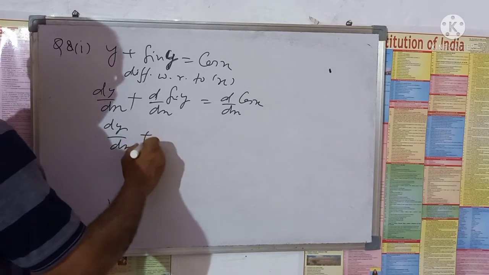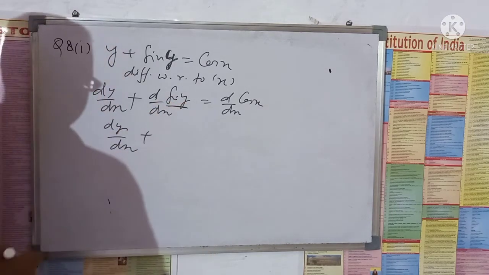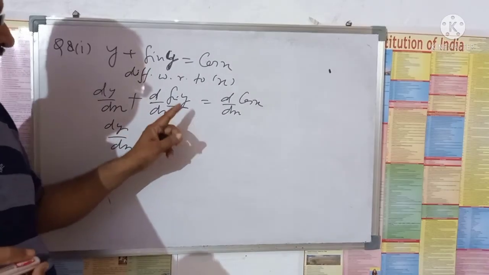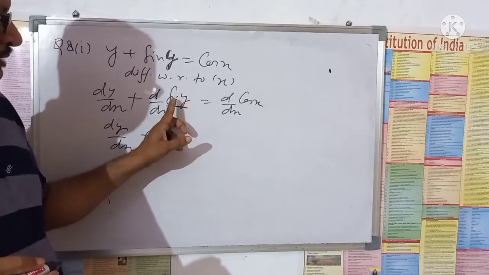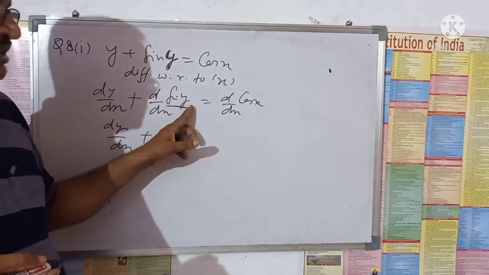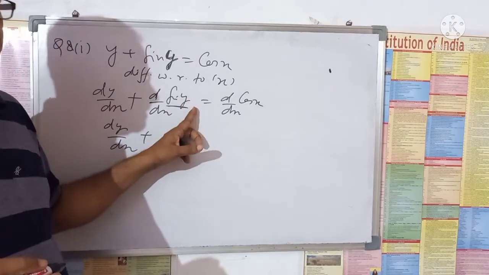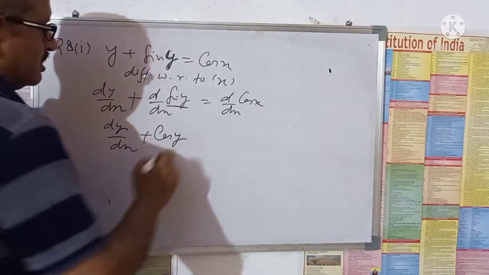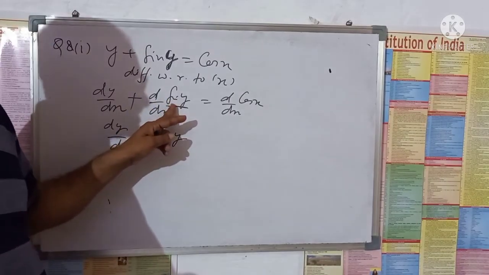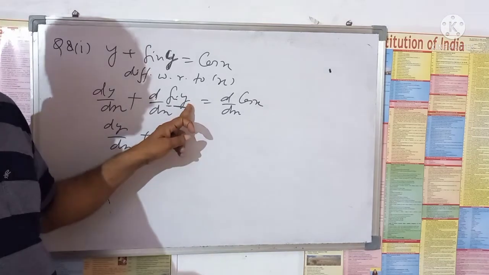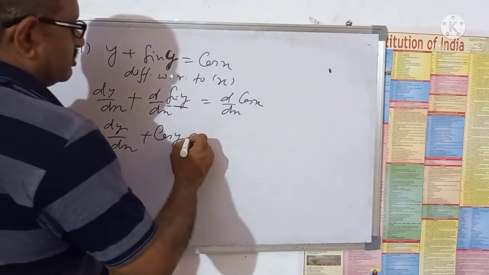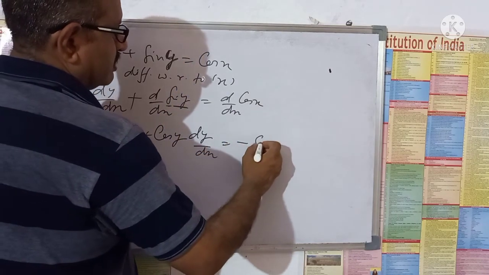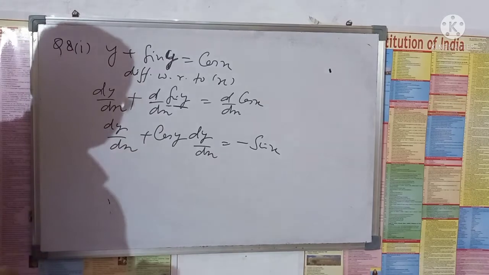Derivative of sin y: what is the derivative of sin x? It is cos x. So in place of x, y is there. Suppose this y is x, so the derivative of sin x is cos x, and the derivative of sin y will be cos y. So we have differentiated this sine function. Now we differentiate this y, so dy by dx. And the derivative of cos x we know is minus sin x.